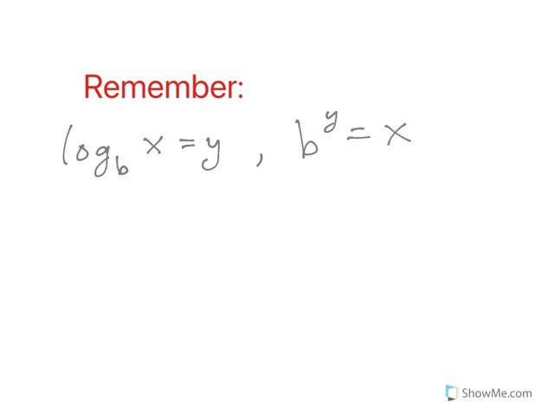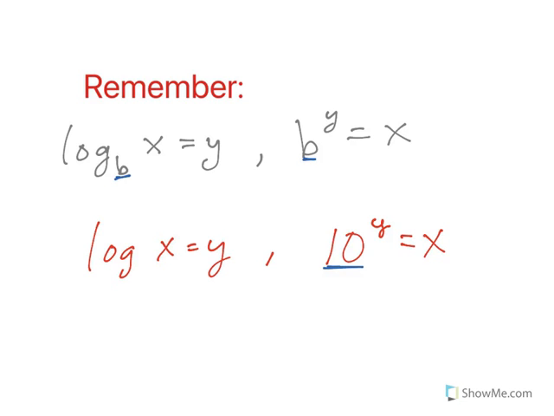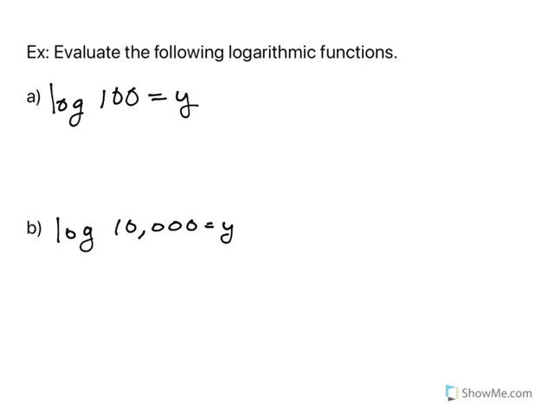That also means that if we have log of x equals y, because that's base 10, we would have 10 to the y equals x. So the first thing we're going to do is think through base 10 and what that means.